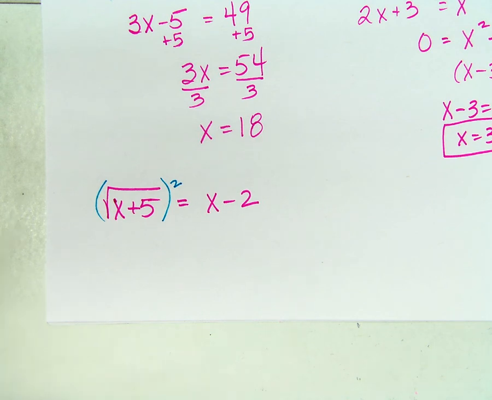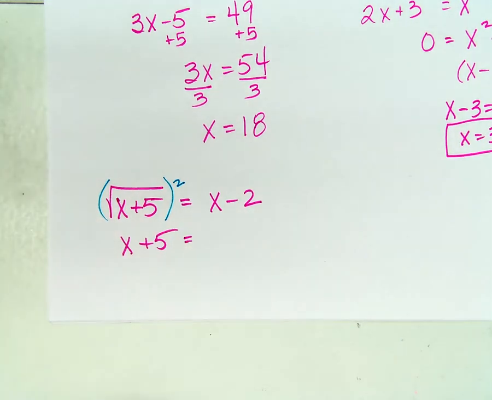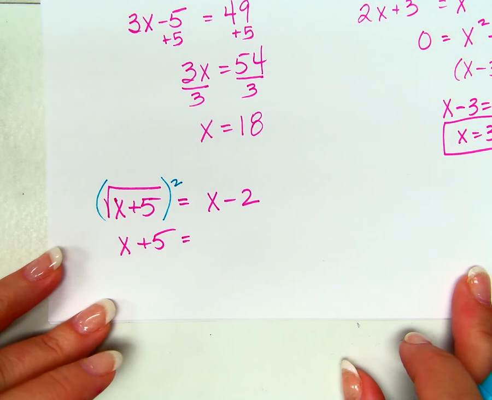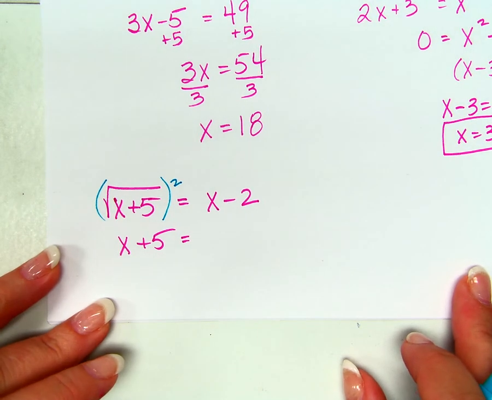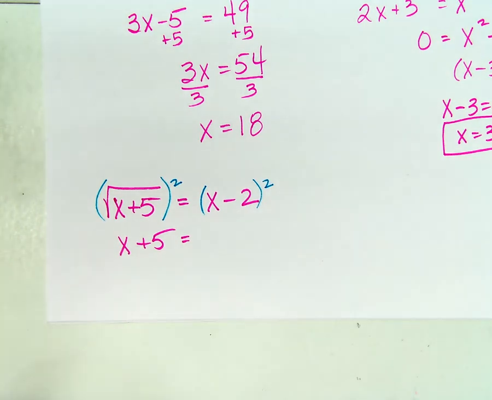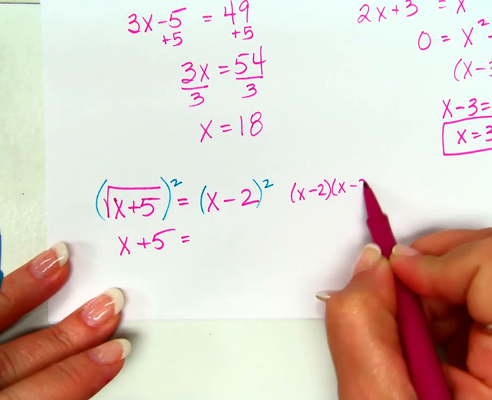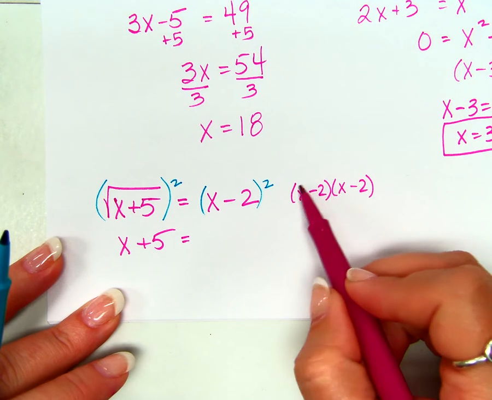On the left-hand side, I think we got it. I think we're going to get x plus 5, no problem. What I'm afraid you're going to do on the right-hand side? x squared minus 4. That's what I'm afraid you're going to do. What I need you to do is square that whole thing, and you know something squared is that thing times itself, right? Which means I have to distribute.